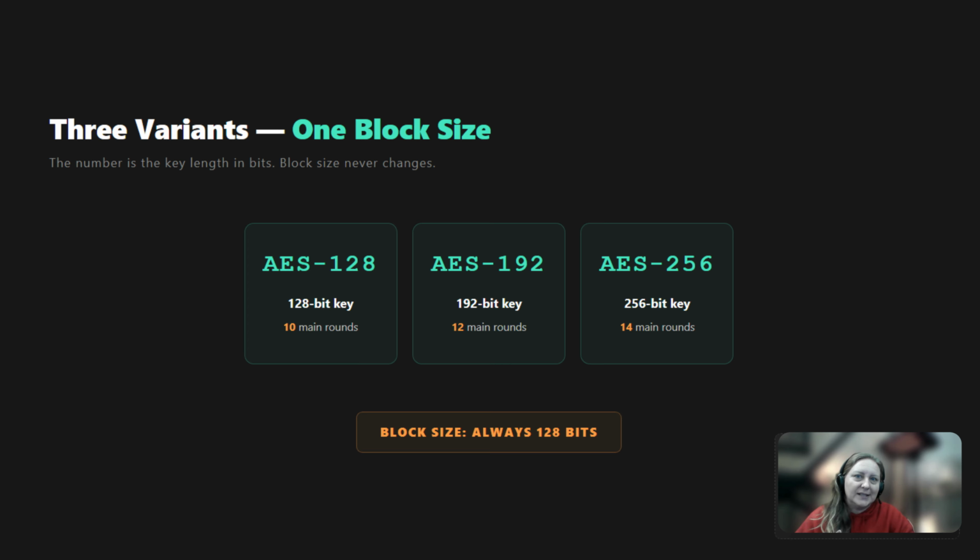AES has 3 variants: AES-128, AES-192, and AES-256. The number is the key length in bits. The block size is always 128 bits, regardless of which variant you pick.